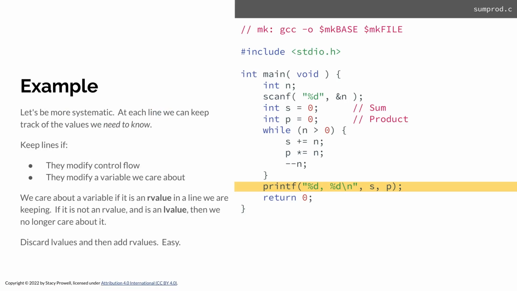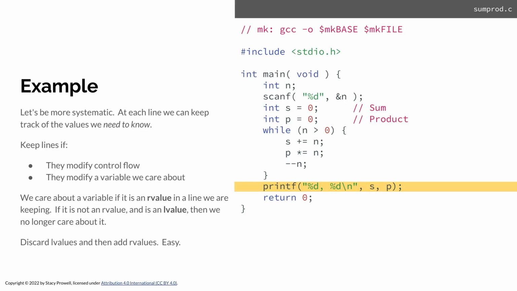So at each line, we're going to keep track of a set of variables that we care about. We'll keep a line if it modifies the control flow or it modifies one of the variables that we care about. Okay? So, in your mind, think about this. We have a set, the set of variables we care about, the care set.